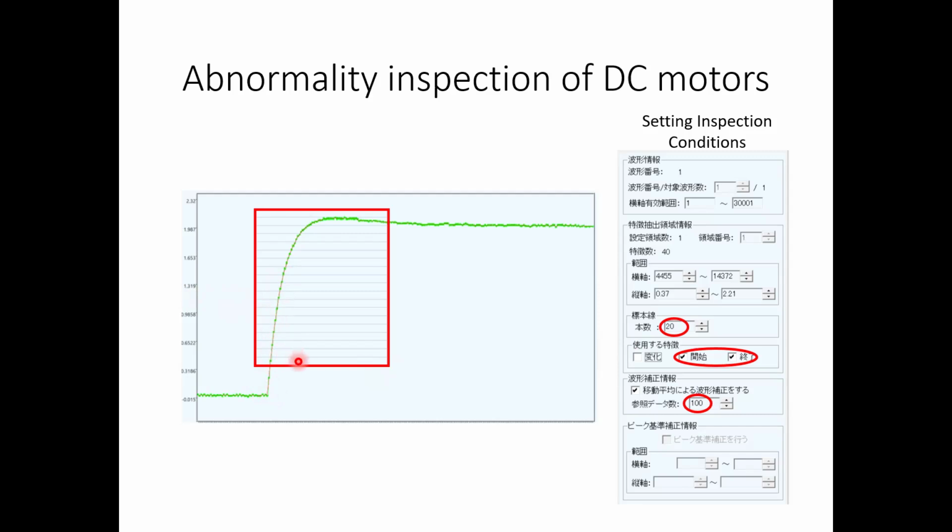This waveform is normal. There is a slight overshoot after the current rises and stabilizes at a constant current. Engineers can tell if there is some trouble, if there is slow starting or a lot of overshooting.